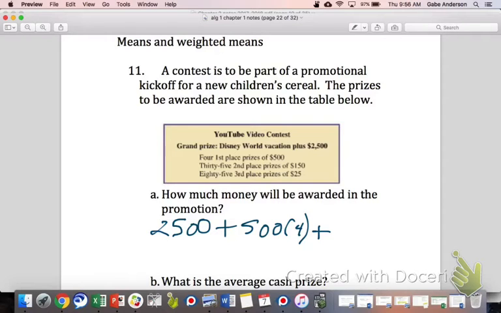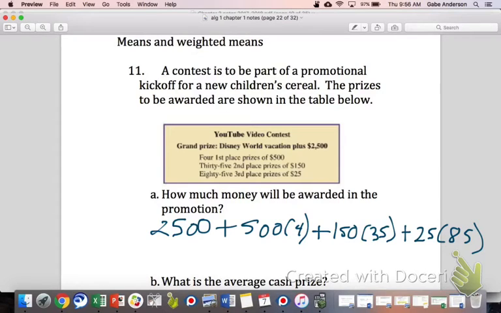And so instead of going 150 plus itself 35 times, I just go 150 times 35, right? So 150 times 35 plus third place prize, $25, but there's a lot of those. So we're going to multiply that times 85. So this will give us the total amount of money awarded in the promotion.